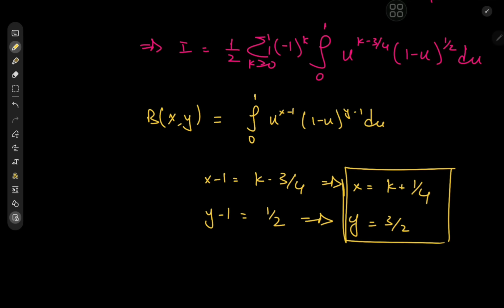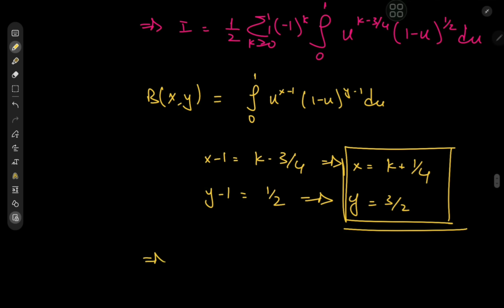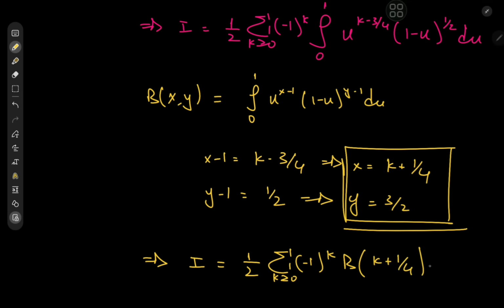Okay, cool. That was interesting. So now we have a sum of beta functions, which is absolutely insane. So we have I here equal to 1/2 the sum over k of negative 1 to the k times beta of k plus 1/4 and 3/2.